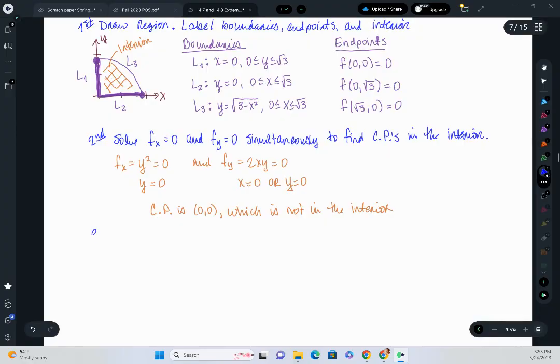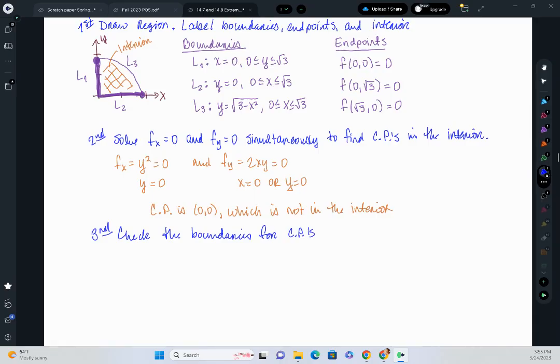Third step is to check the boundaries for critical points. All right, L1. Let's get a different color.